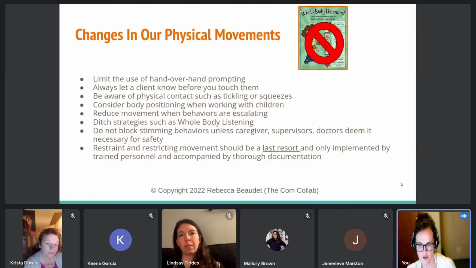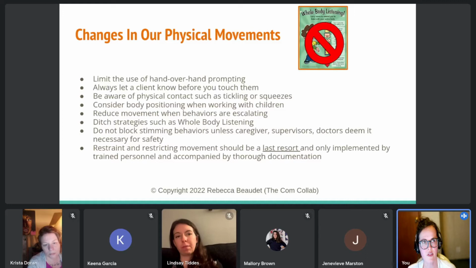So how can we be more neurodiversity affirming in our physical movements and physical interactions? This is one that Mallory had touched on. Limiting the use of hand-over-hand prompting. There's certainly a time and a place where you might have to touch students or clients to help them, or if there's a safety situation. But really, this should be limited in our practice so that we are respecting body autonomy and teaching individuals from a young age about consent and respect around their bodies.